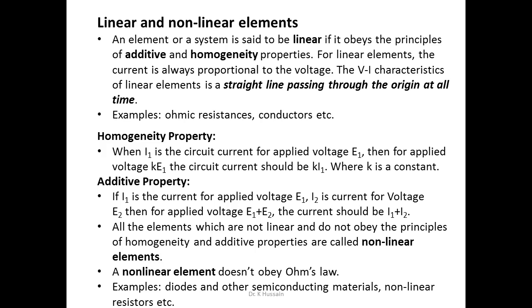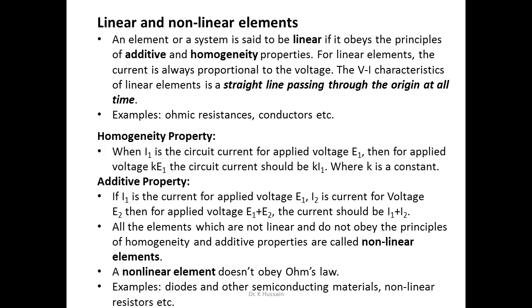For linear elements, the current is always proportional to the voltage. Already we know Ohm's law. So current I is directly proportional to V. I equal to V by R, right? That is the connection. So the VI characteristic of a linear element is a straight line passing through origin at all times.